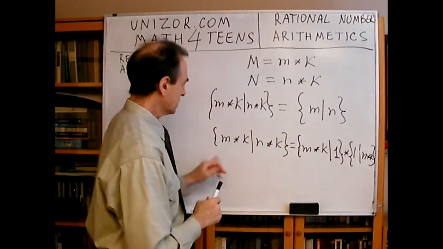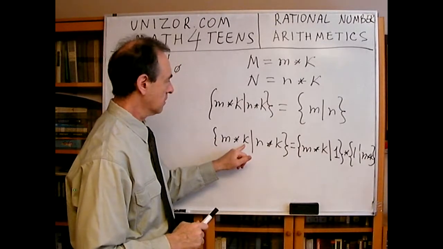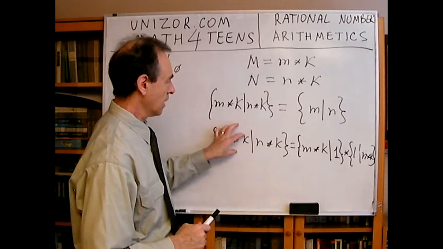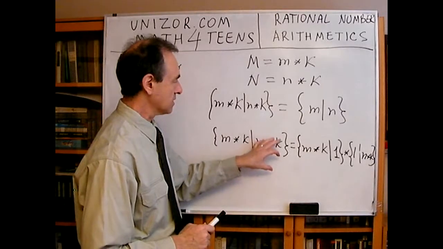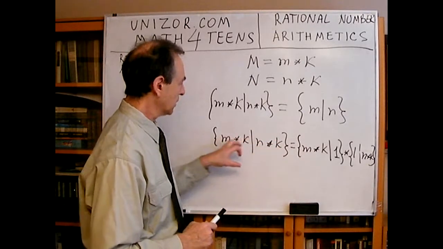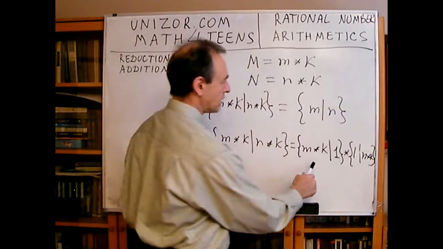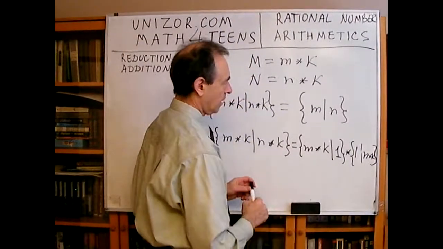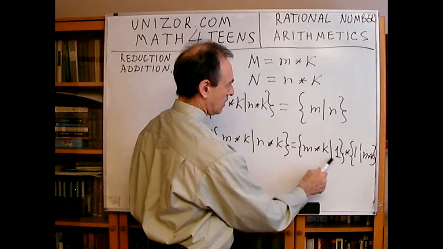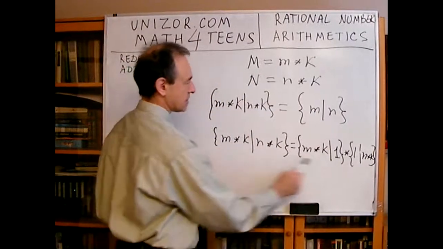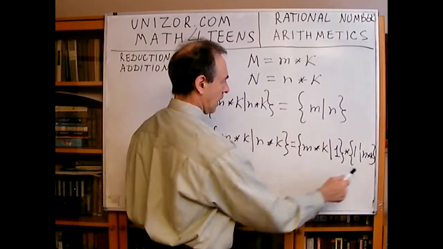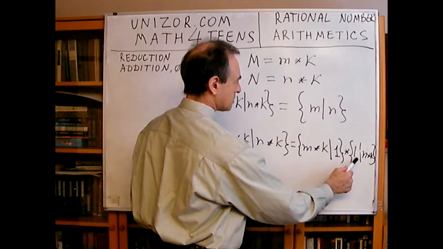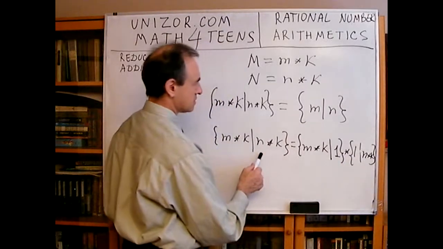So instead of m times k as numerator and n times k as denominator, I'm writing the multiplication of these two rational strings. In this case, the numerator is the same as this and denominator is 1. And in this case, numerator is 1 and denominator is this one.